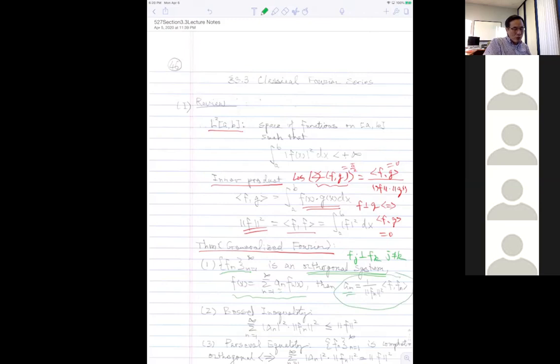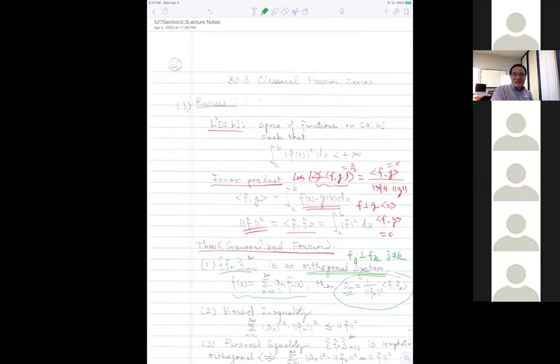Sydney, when we have an infinite series, you need to think about convergence. What kind of convergence are we talking about here, Sydney? Pointwise, or? Actually, it's not pointwise in this case.